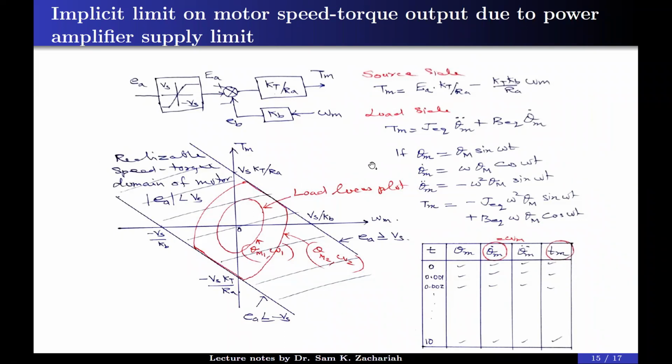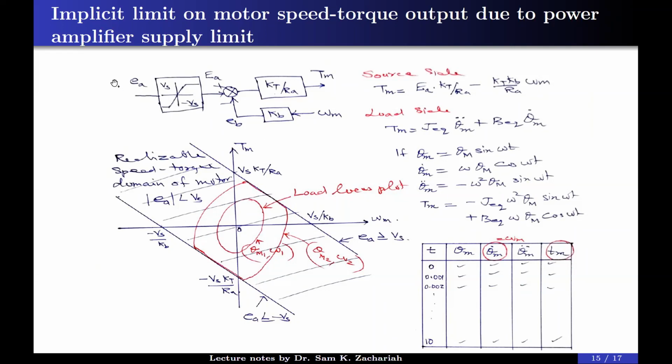Normally, these power amplifiers are PWM amplifiers, and you need not study all such things; only for the sake of general knowledge I'm telling. Such amplifier stages are also driven by power supplies having positive limit and negative limit. Assume that the upper limit is plus Vs and lower limit is minus Vs of the power amplifier supply voltage.